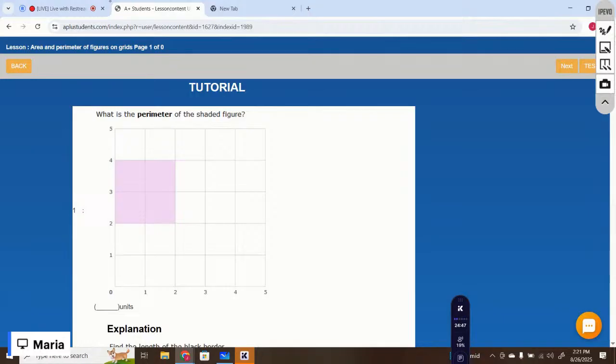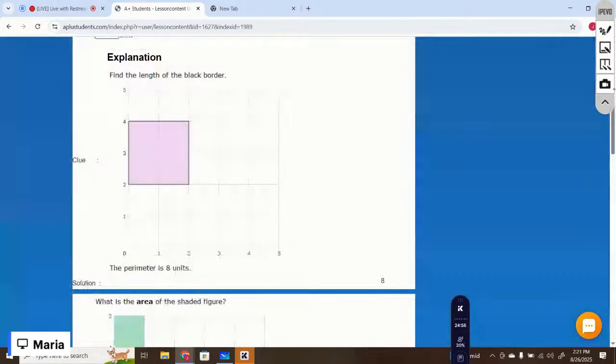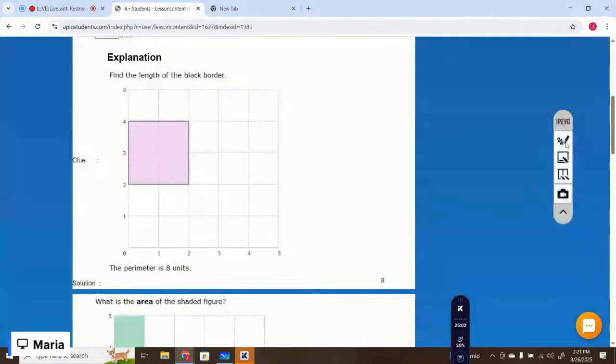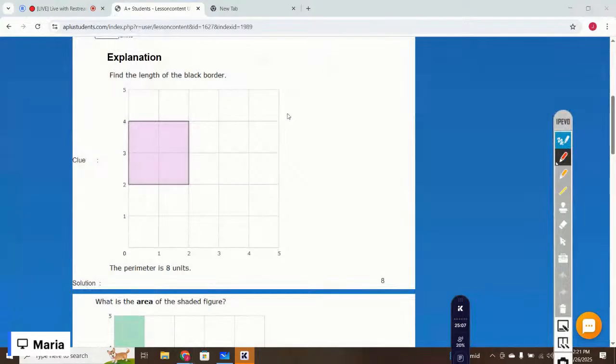What is the perimeter? The perimeter is the sum of all the side lengths. So the side lengths are 2, 2, 2, and 2.